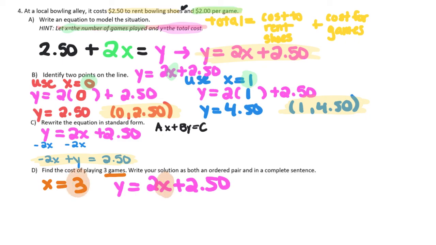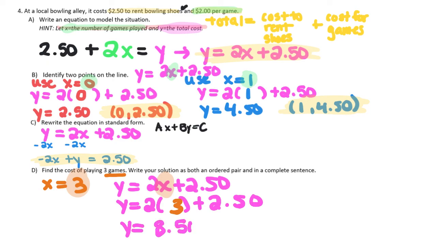So it would become y equals 2 times the value of x, which is 3, plus 2.50. If I simplify that, it becomes y equals 8.50. So I could write this as an ordered pair, 3, 8.50.